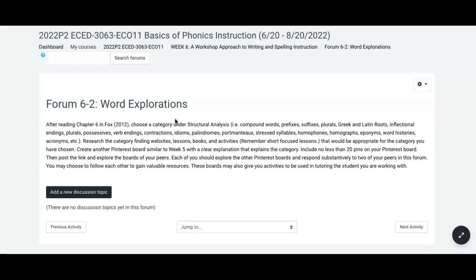You're going to create another Pinterest board, very similar to the one you did in week 5. Please make sure that you have a clear explanation of the category and no less than 20 pins on your board. If you have questions, please ask me.